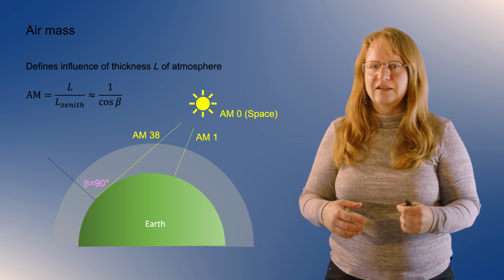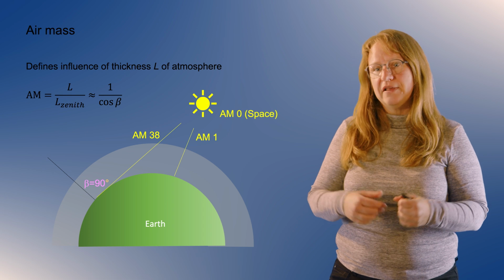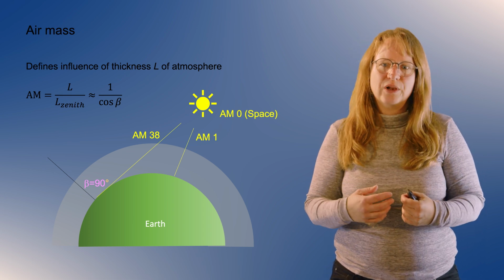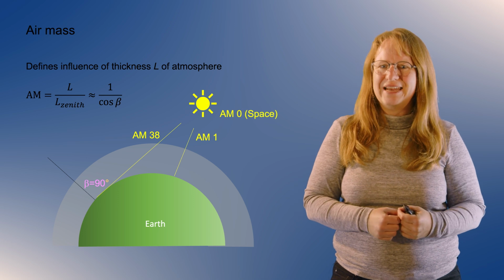So the classification is for the laboratory conditions to get the comparability, but the actual measurements out in nature depend on the local conditions of the atmosphere and how much energy reaches the Earth.